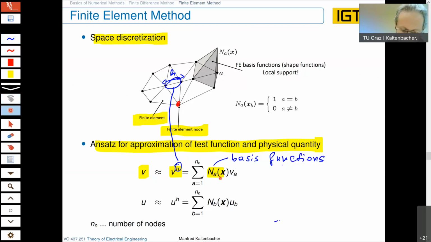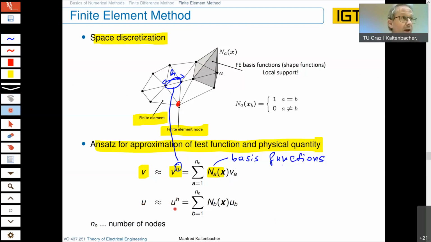Yeah? And that is scaled with a coefficient. The coefficient will be a constant, but clearly different in each finite element node where we have our physical quantity unknown.